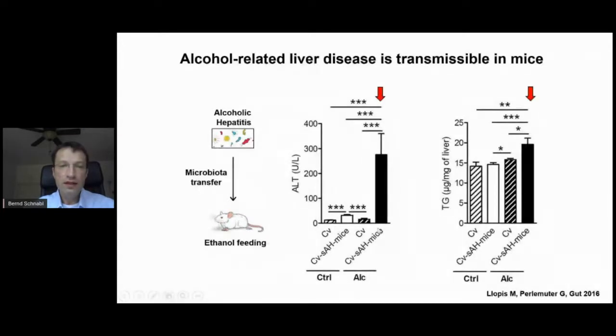As you can see here, after ethanol feeding, these mice colonized with the stool from the alcoholic hepatitis patients had more liver injury and more liver steatosis as compared to the conventional mice. So suggesting that, at least in this preclinical model, alcohol-related liver disease is transmissible.